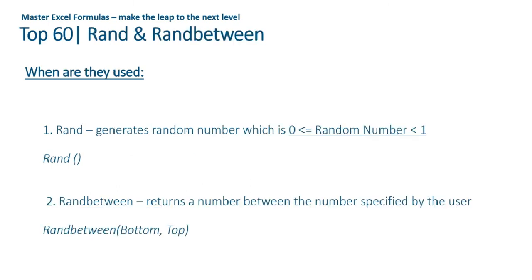Now going back to the presentation, the next thing we have is two formulas, RAND and RANDBETWEEN, and they're quite useful as well, especially I would say the second one.